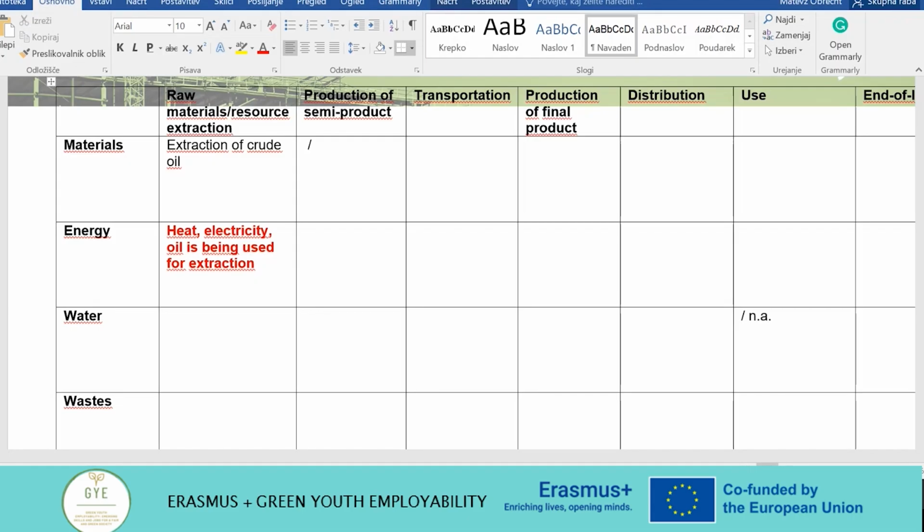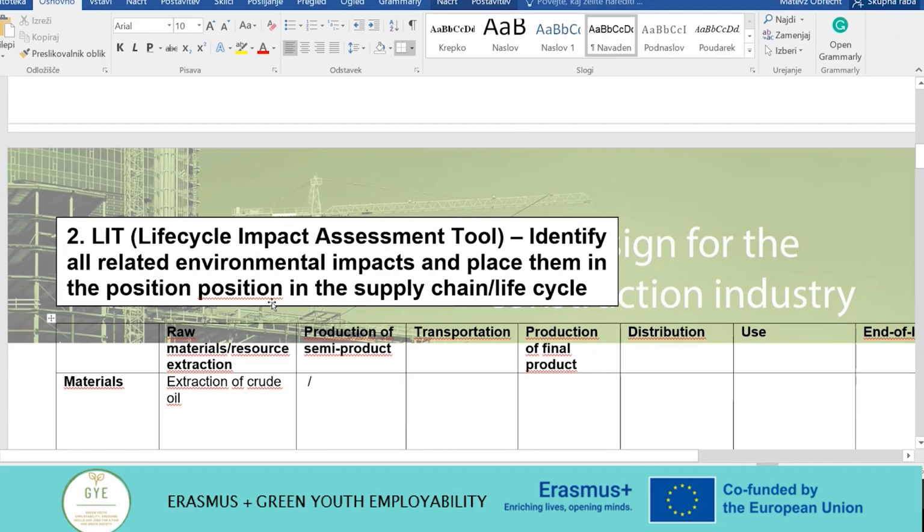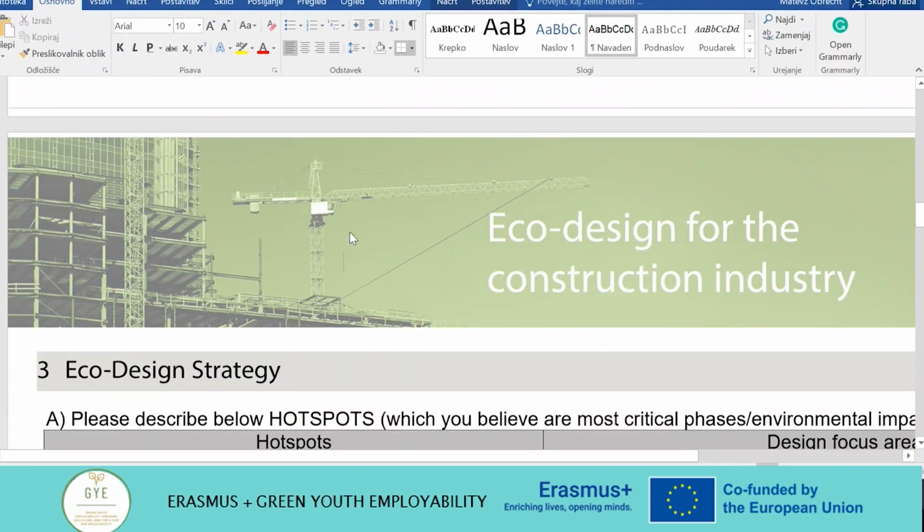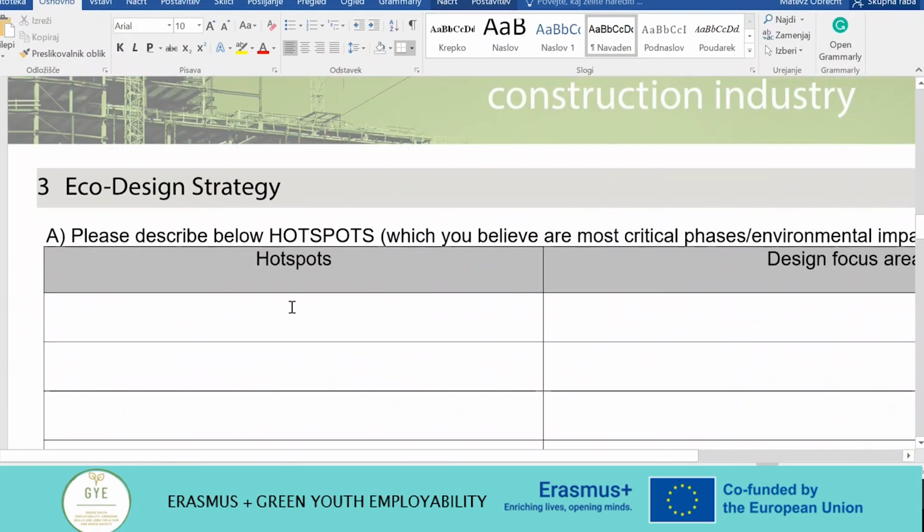If there is any phase that doesn't have any impact, then you will define the hotspots. So which are the, let's say, 2, 3, or 4 hotspots from the whole table, and these hotspots you will put in here.